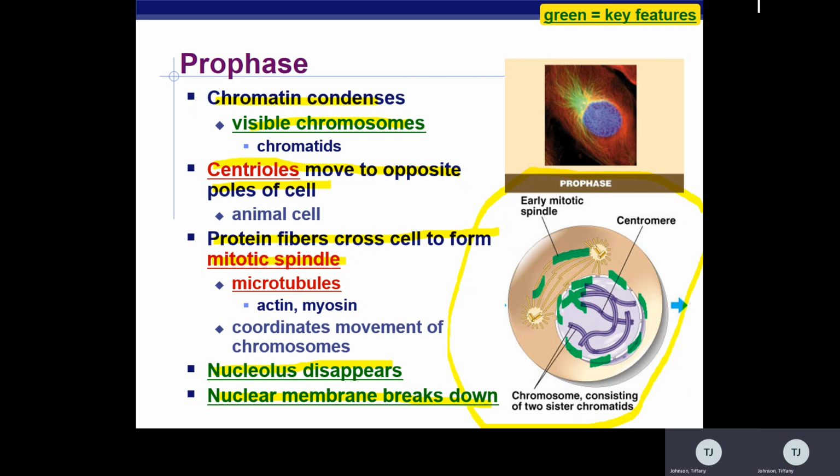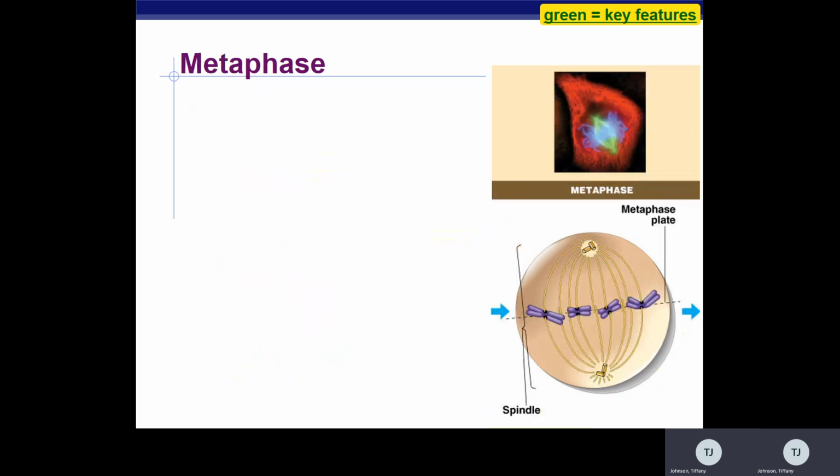So I want you to look at this one. What's going on? Can you describe it? The chromosomes are lined up in the middle, right? Yep. So go ahead and draw that. Also notice there is no nuclear membrane.